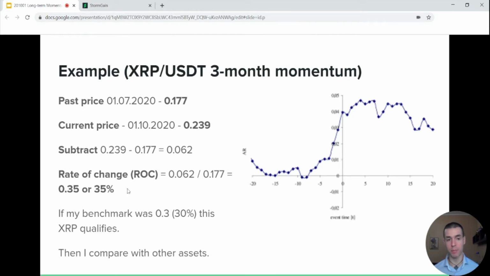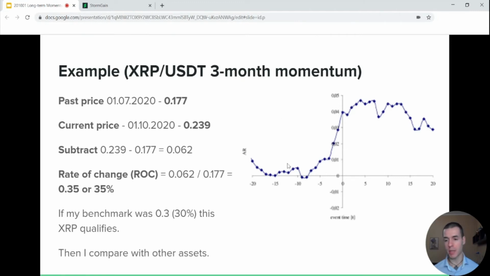We subtract the past price from the current price to get a value of 0.062, and in order to calculate the rate of change, we simply divide the product of this subtraction by the past price, and we get 0.35 or 35%. So that's our rate of change.